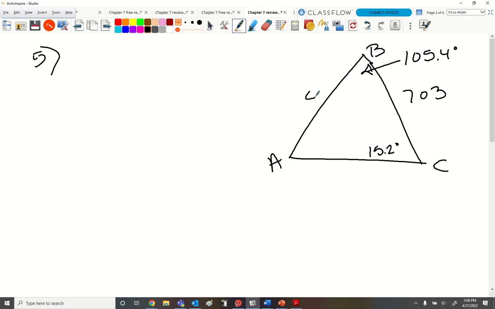Since I'm looking for little c, I need to start with something that I know. So what's the first thing I have to get before I can do anything else? Got to get big A. So go ahead, subtract those from 180. So it's going to be 180 minus 105.4 minus 15.2, which gives me 59.4.